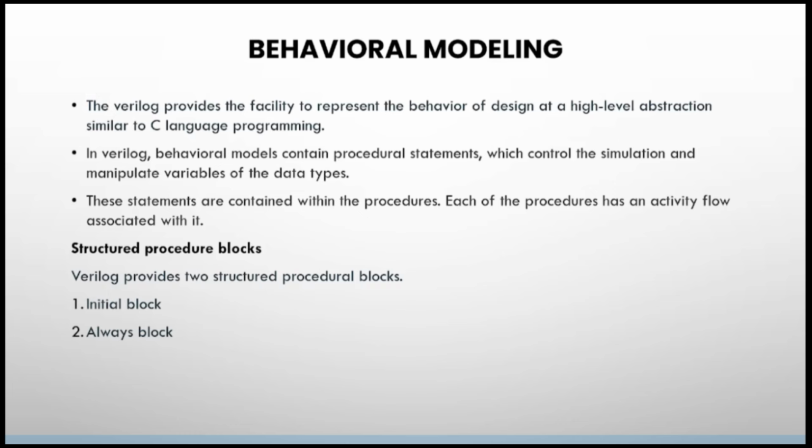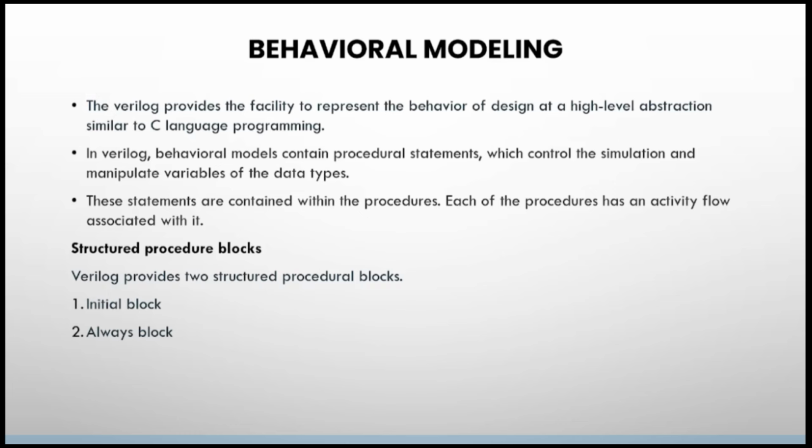As we discussed, in behavioral modeling we write the code based on the behavior of the circuits. This behavioral level modeling consists of some procedural statements, which are used to control the simulation. Basically, behavioral modeling is done with the help of procedural blocks.